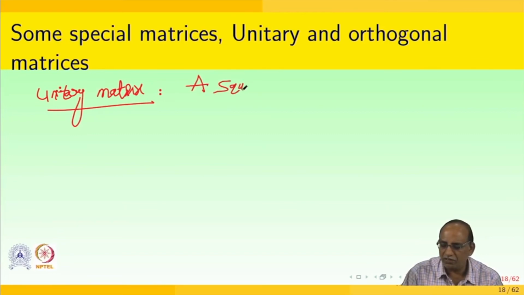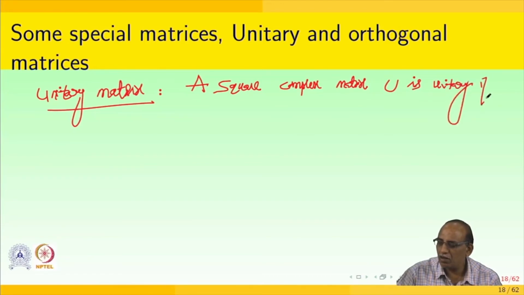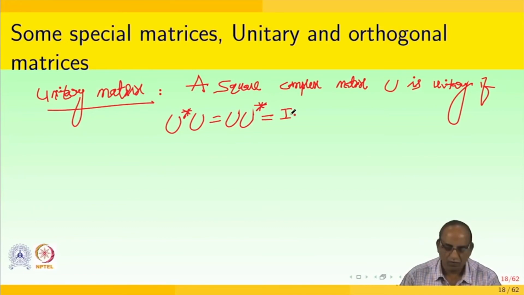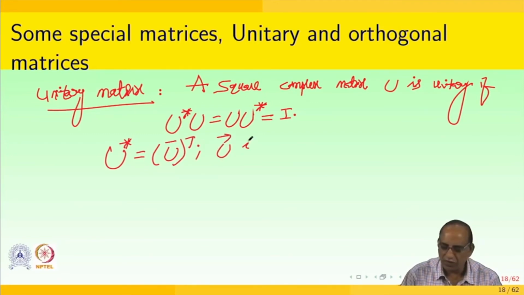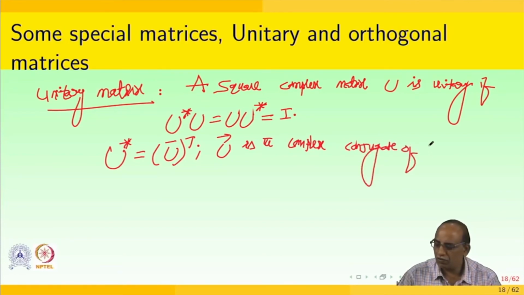We define it in the following fashion: a square complex matrix U is unitary if U star U is equal to U U star, which is equal to I. U star is nothing but U bar transpose, where U bar is the complex conjugate of capital U.